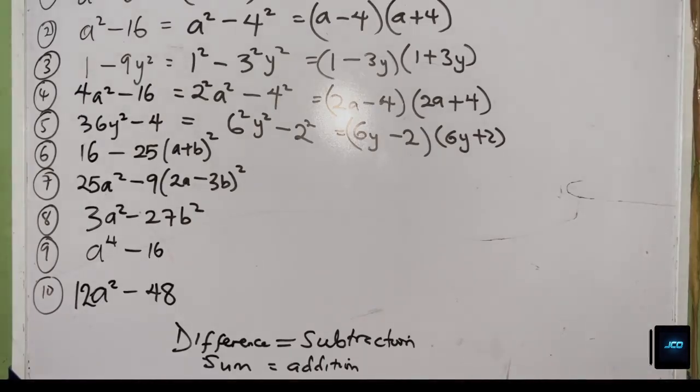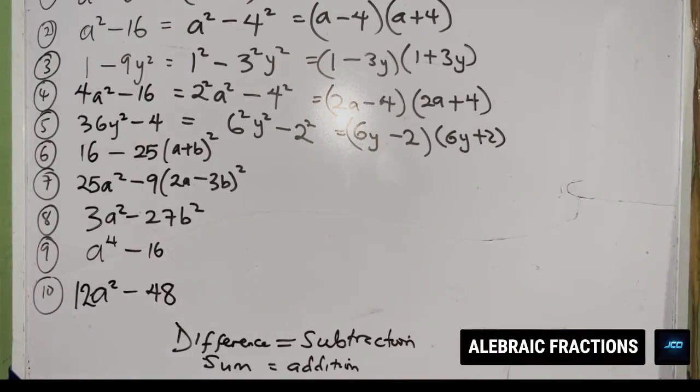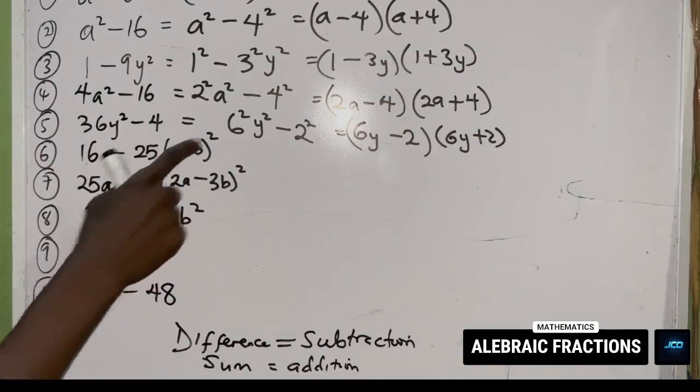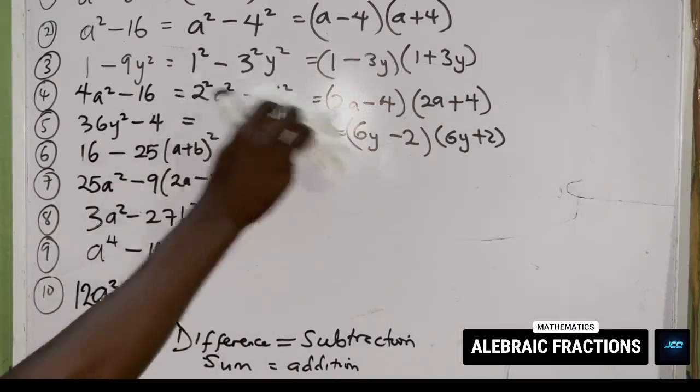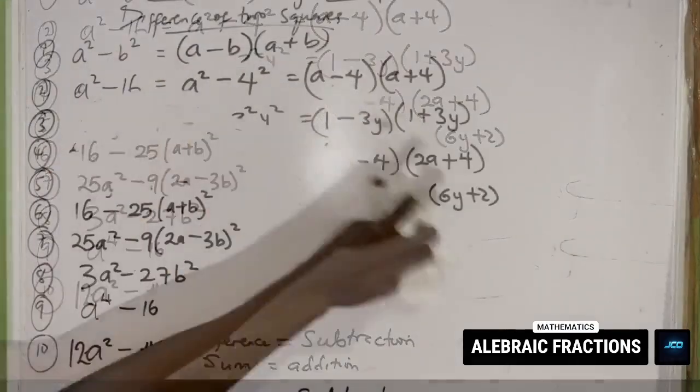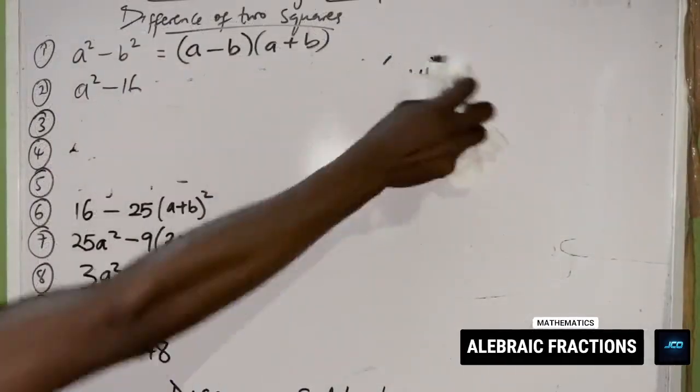Now we want to continue. So we have 16 minus 25 into brackets a plus b, right, raised to power 2. I'm going to clean this off so I can work that easily.